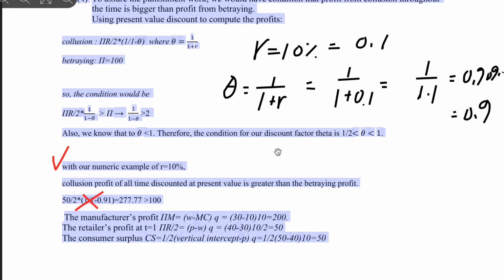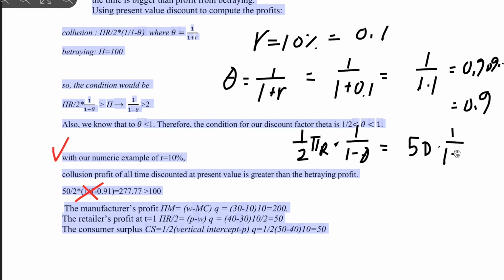Then what is the aggregate profit? It's half of the retailing revenue times 1 over 1 minus theta. So we get 50 times 1 over 1 minus 0.9. So we get 50 times 1 over 0.1, which is 10, so we can get 500 profit in the infinite Bertrand game if they agree on the monopolist price.